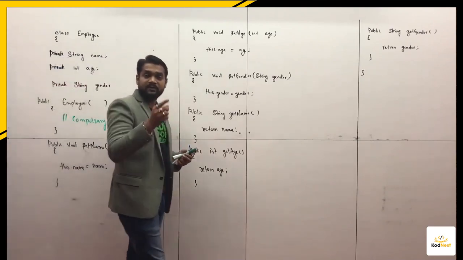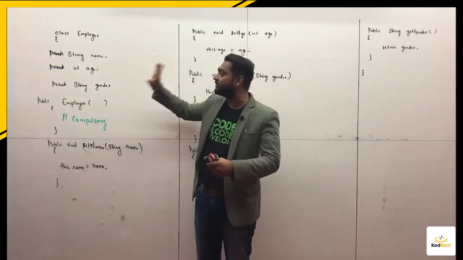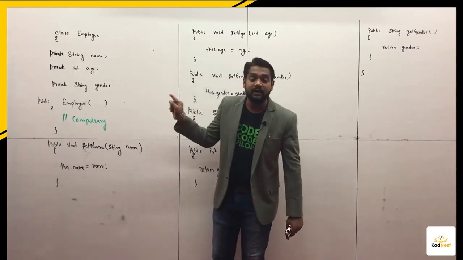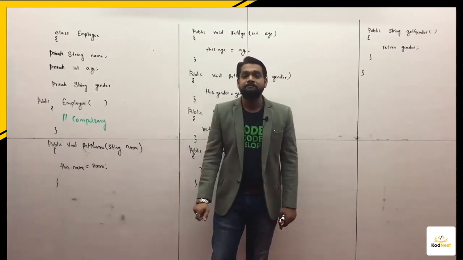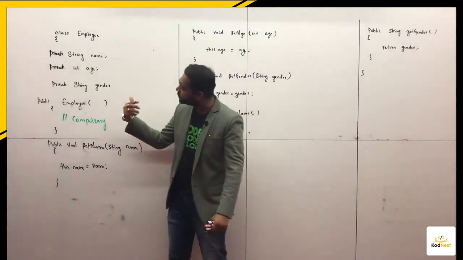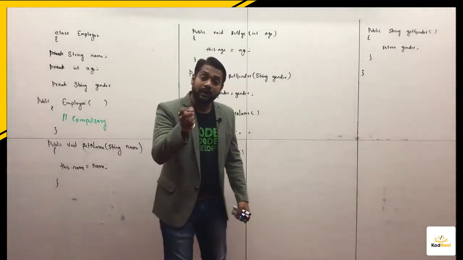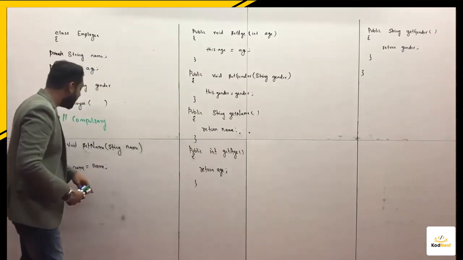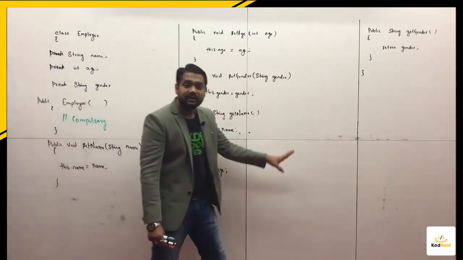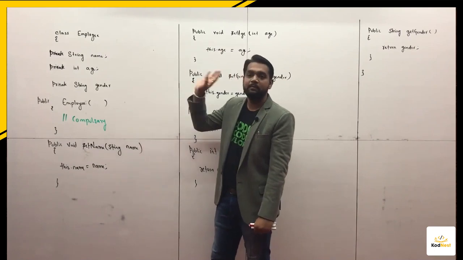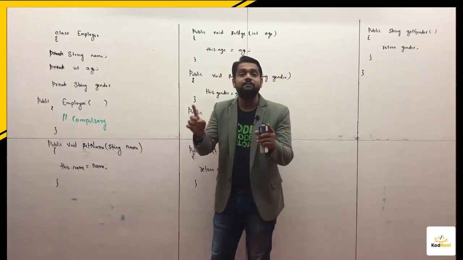No argument constructor compulsorily you should have. That is when it is called a bean class. In a Pojo class, you can have, you may not have. Not only that, compulsorily you should have public setters and getters for those private members of the class. Then it becomes a bean class.